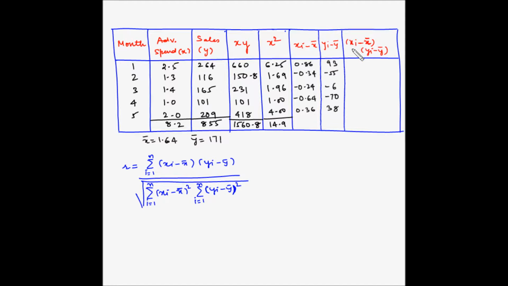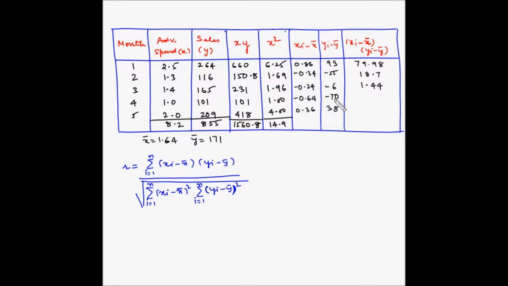Next we have to find the value of xi minus x bar multiplied by yi minus y bar. So we have to multiply these two. 93 multiplied by 0.86 is 79.98. Minus 0.34 multiplied by minus 55 is 18.7. Minus 0.24 multiplied by minus 6 is 1.44.